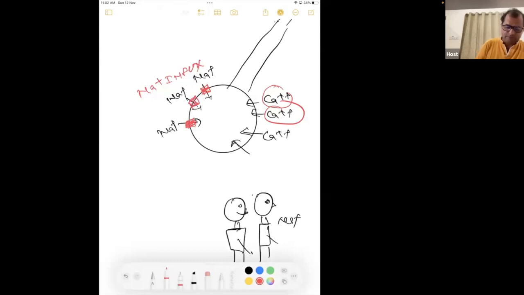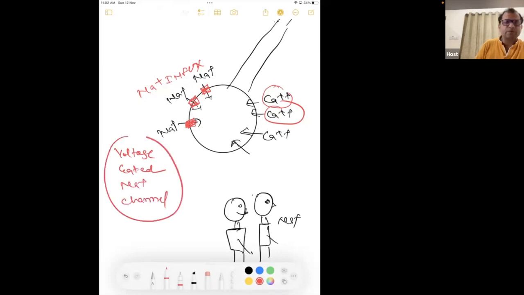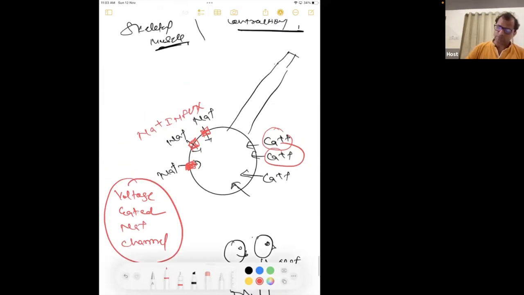This is called the voltage gated sodium channel. So in this way we can explain it. Number one, from the anterior horn of the spinal cord, the action potential is coming.